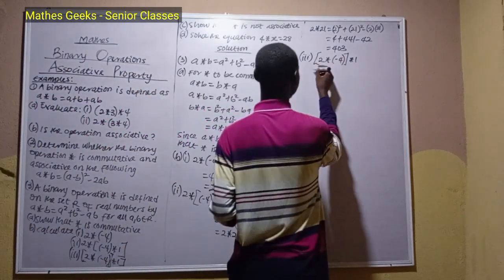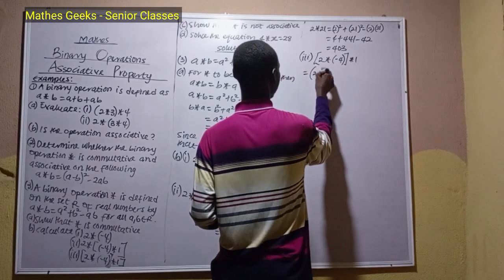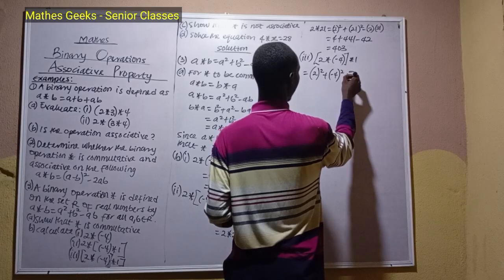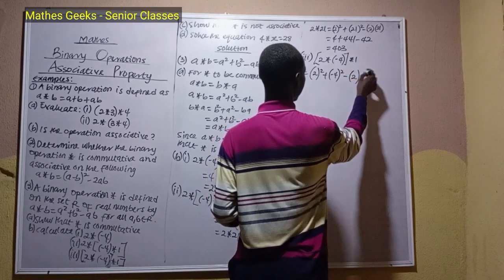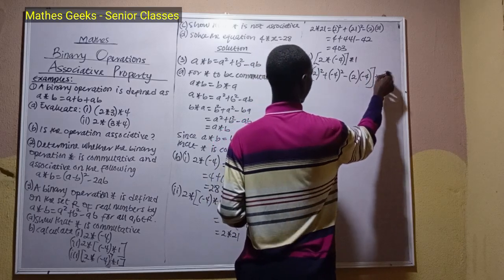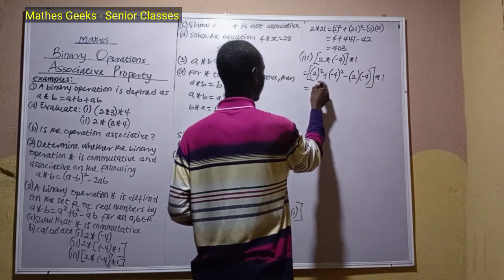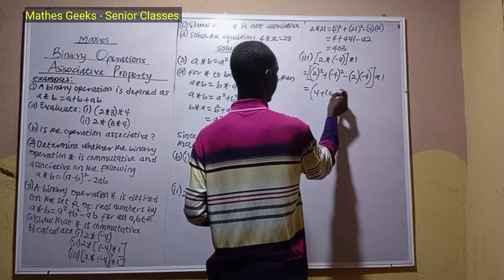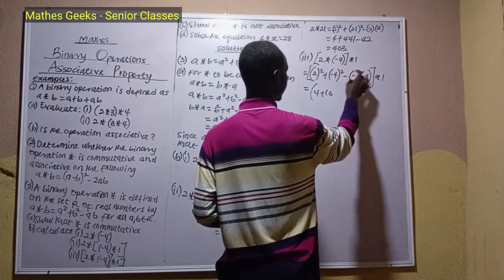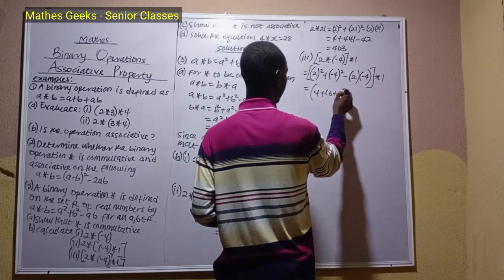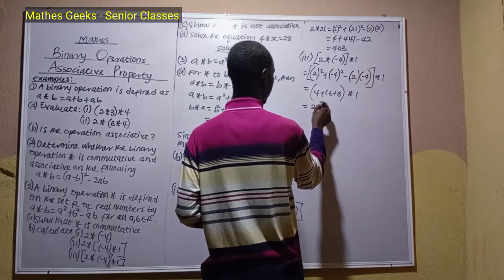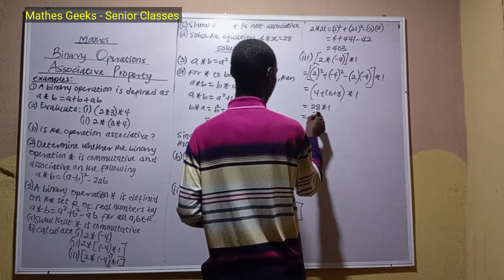This will give us 2 squared plus minus 4 squared minus 2 times minus 4, which is 4 plus 16 plus 8, so 28 star 1.